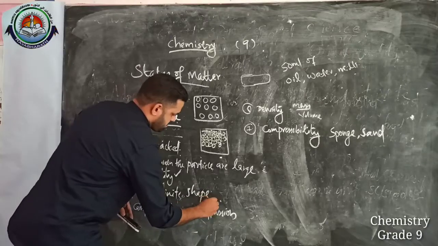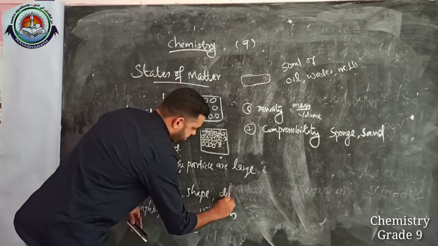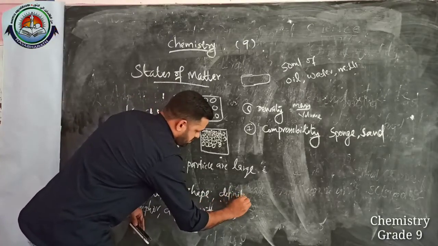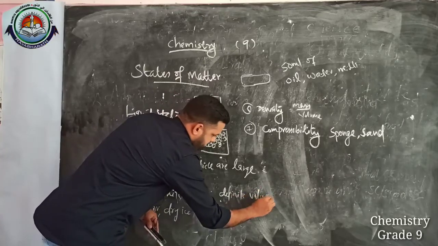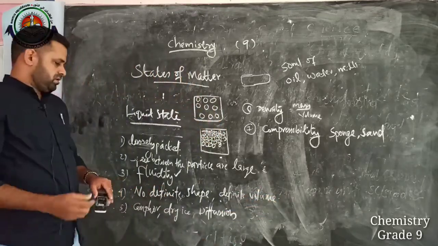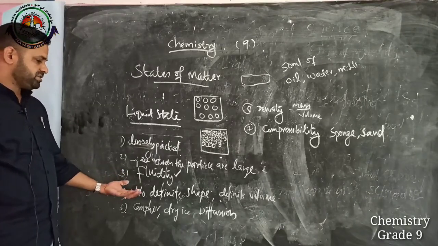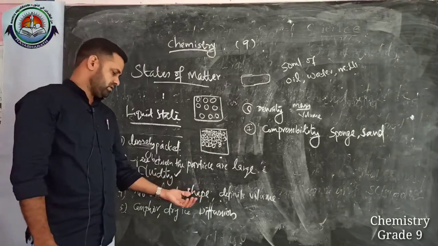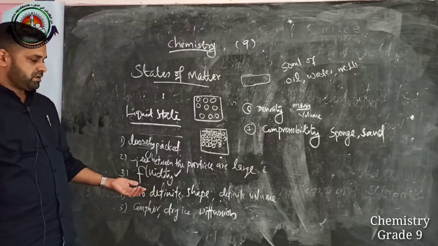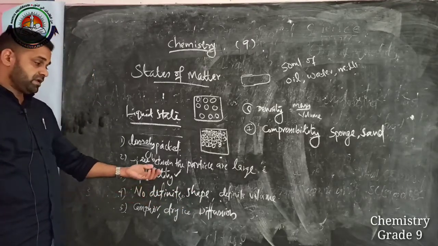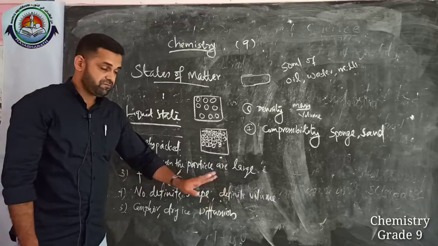How can we prove this, and why are they showing a definite volume?